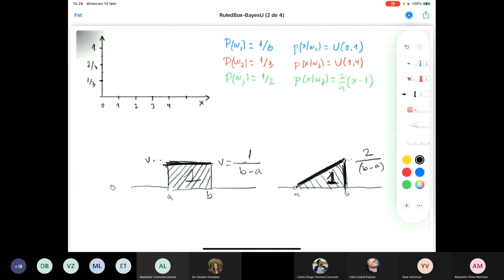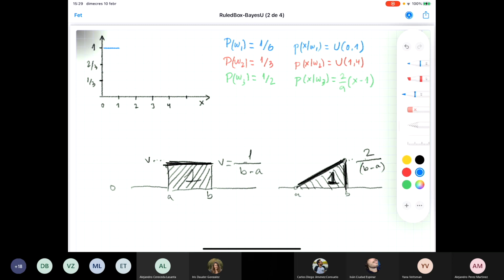So if you want, we can start plotting some of the probabilities. For example, the class conditional probability of class 1 in this example is uniform between 0 and 1. This means that it is something like this. Okay? Yes, because the area is 1 by 1, which is 1.